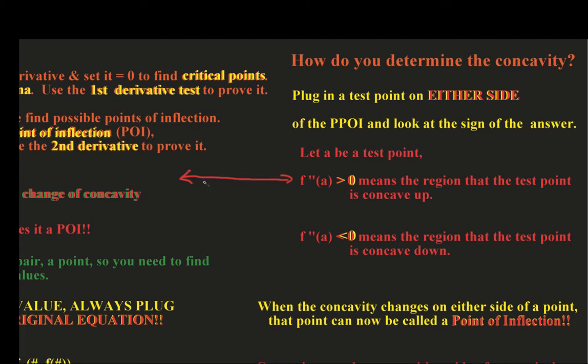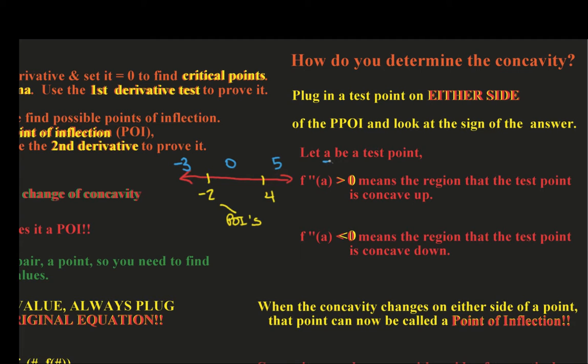So let's say, for argument's sake, -2 and 4. Okay, these are my POIs. What you'll do is you'll pick a test point on either side of these POIs. Try to pick easy test points like 0 or 1 if you can. And then you'll plug them into the second derivative.